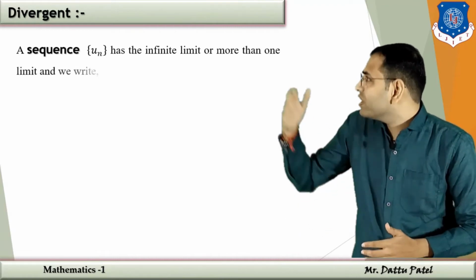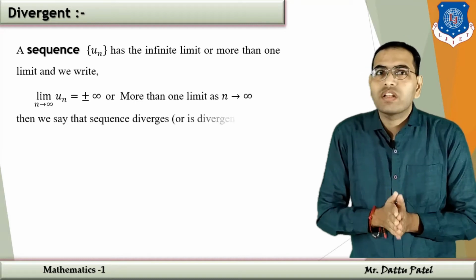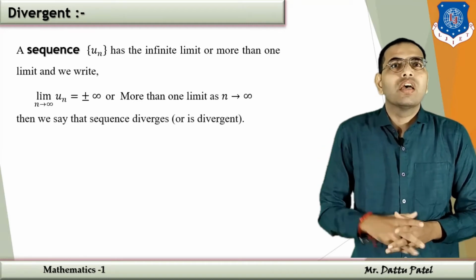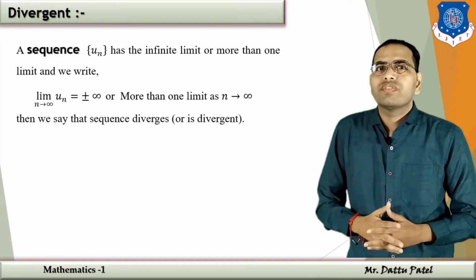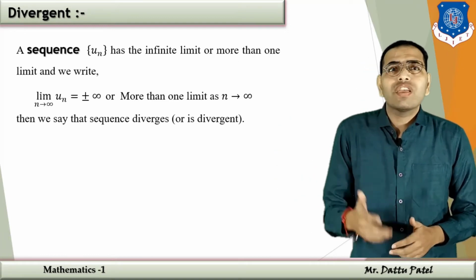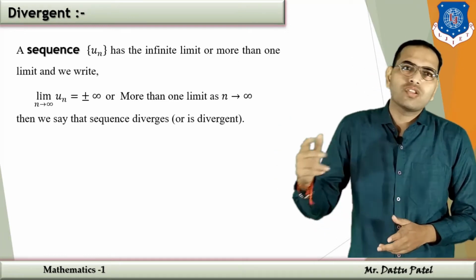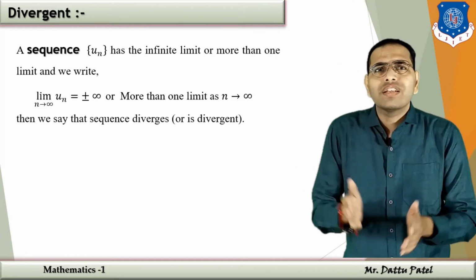Now let's discuss divergence. Firstly, the definition of divergent: a sequence un has an infinite limit, or more than one limit, so limit n tends to infinity equals plus or minus infinity, or there is more than one limit as n tends to infinity, then we can say that our sequence diverges, or it is divergent.